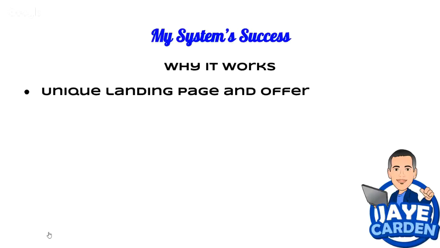First off, it's got several unique landing pages and offers. Having a unique landing page and an offer is how you generate the leads. There's quite a few to choose from. You can pick which one you want. They do have the ones that are not recommended for generating leads, but just for sending people who want to purchase.